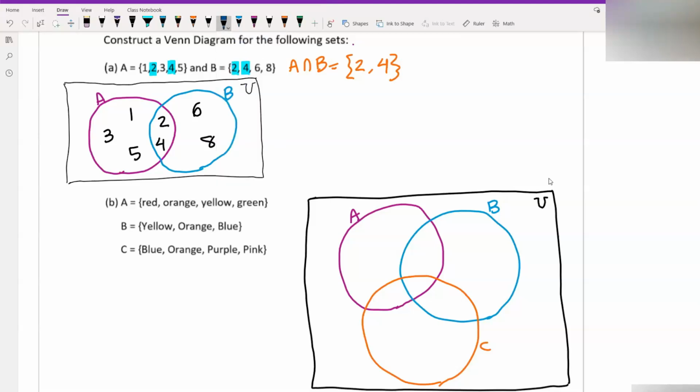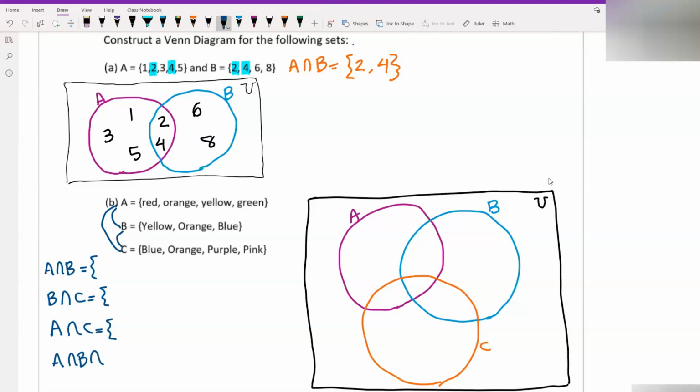Now I'll find the intersection between all these sets, starting with AB and AC, BC, and also between all 3 sets.